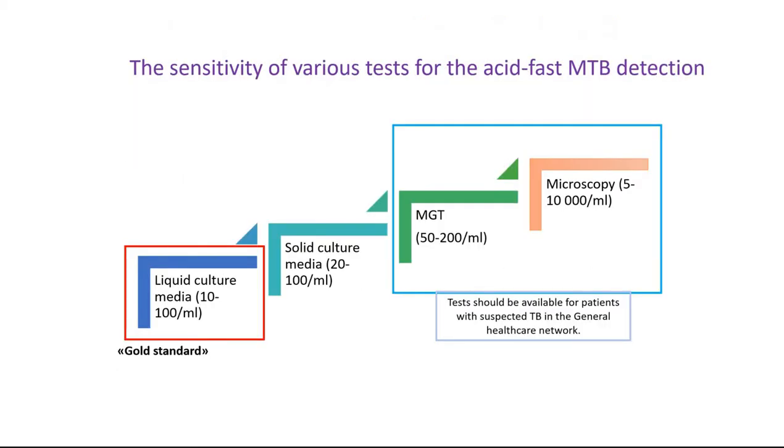And here you can see that the molecular genetic tests and microscopy tests should be available for patients with suspected TB in the general healthcare network for the right diagnosis. And as I mentioned before, liquid culture media is the gold standard of etiological diagnosis.